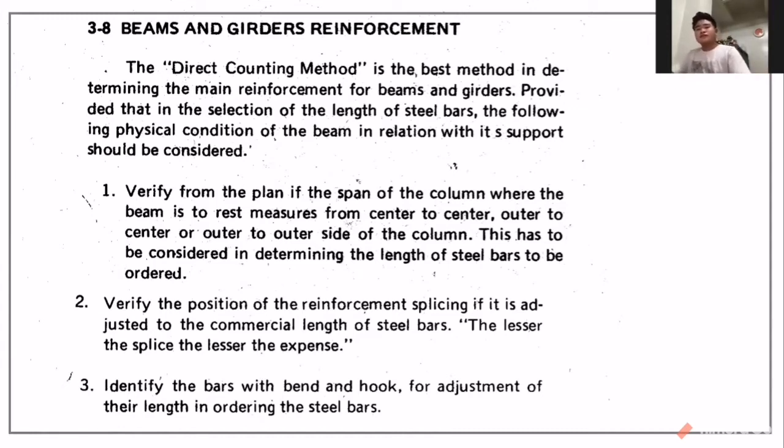Okay, so the second one is to verify the position of the reinforcement splicing if it is adjusted to the commercial length of steel bars. The lesser the splice, the lesser the expense.